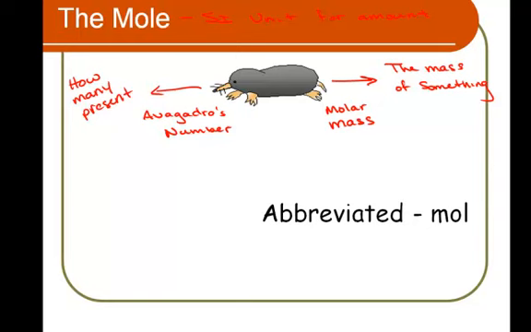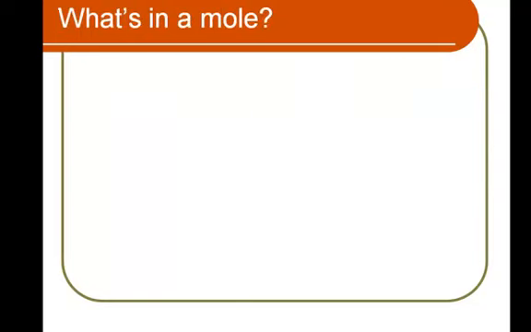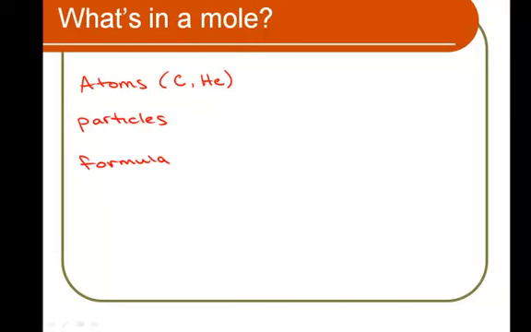So if we look at how much of something's present, we can determine the number of atoms. So atoms of carbon, helium, etc. We can say the number of particles, a much more general term. We can say a number of formula units. This would be used if we're using ionic compounds.